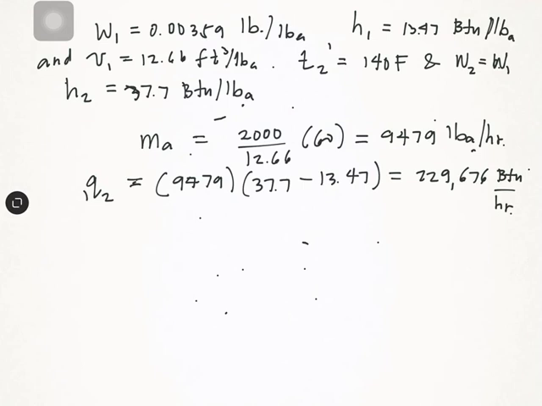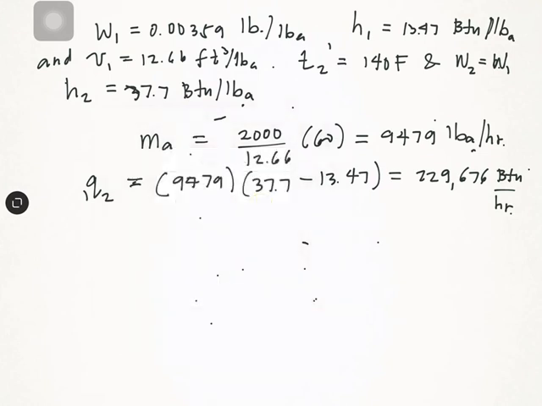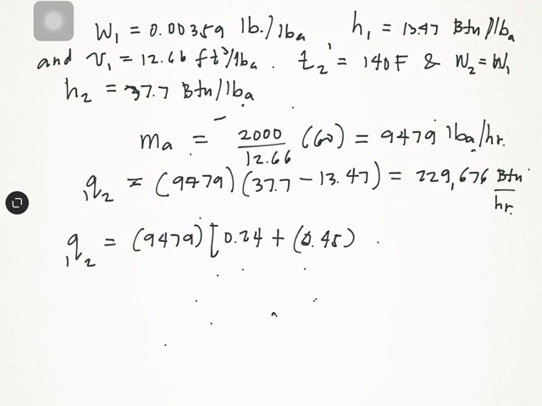And using also this equation, by another alternate solution for solving our heat here, we have 9479 times 0.24 plus 0.45 times the W1, or the W, since the humidity ratio is constant, times 140 is the T2 minus the 40 here.